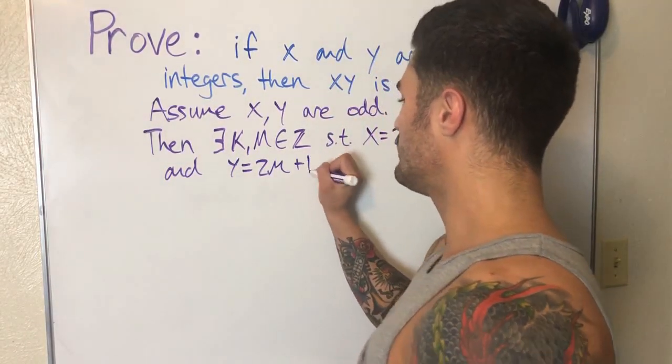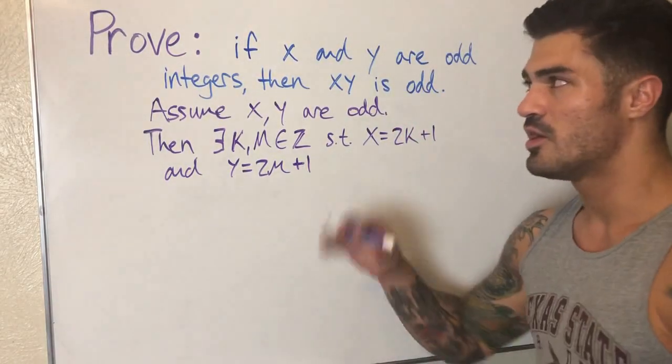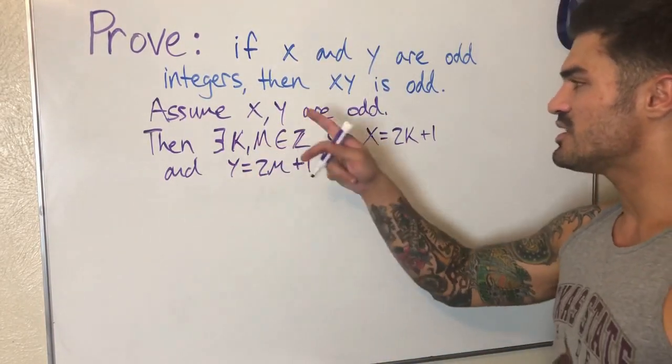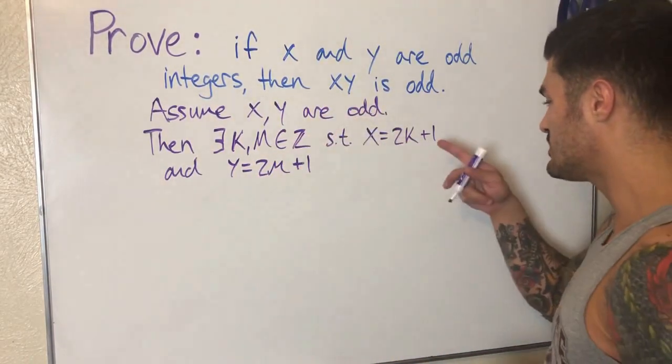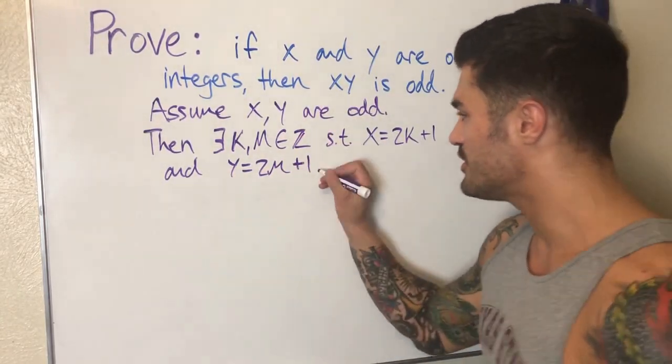Now I have what I need, right? Definitely don't assume extra stuff. That would have been a mistake. I would have been proving something different than this. So there exist integers k and m such that x equals 2k plus 1 and y equals 2m plus 1. This is true.